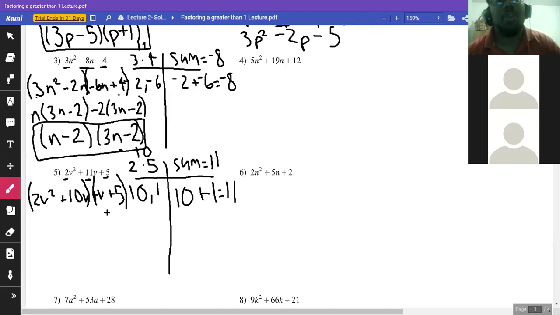Yeah, right, I can pull a 2 out. Then out of b squared and b, I can also pull a b out. And then on the inside, I'm going to be left with b plus 5.